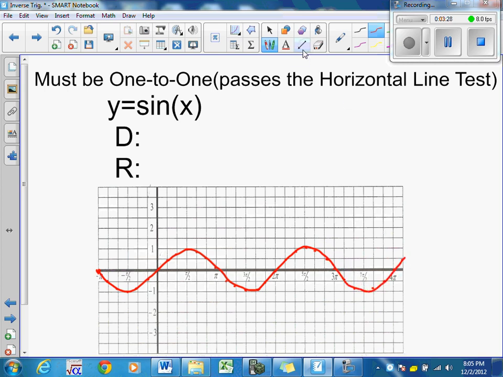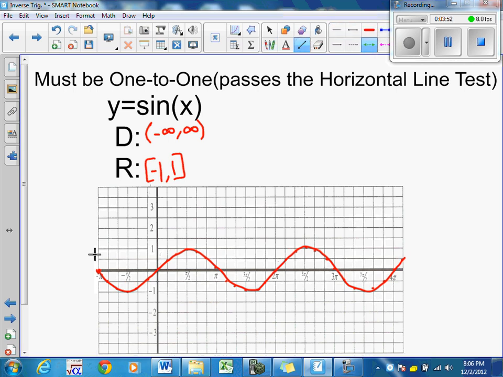Now, if we look at that graph of sine, we could say our domain of sine is all real numbers. It goes from negative infinity to infinity. And my range is from negative 1 to 1. Now you can see the problem though.